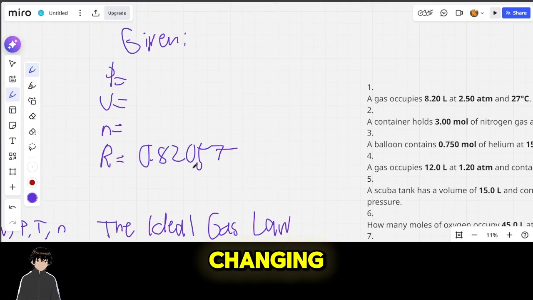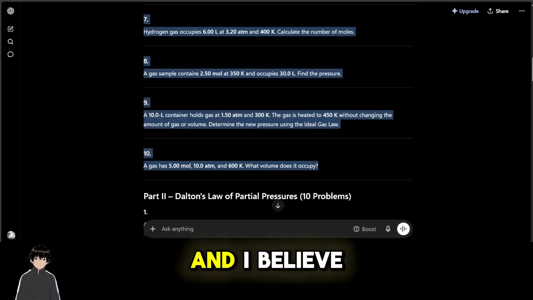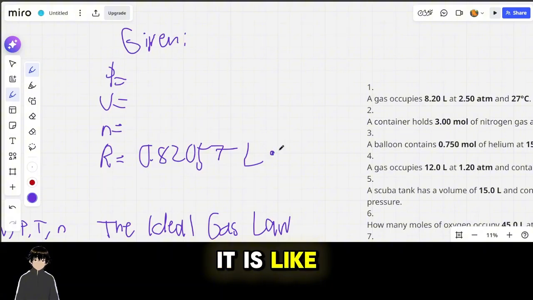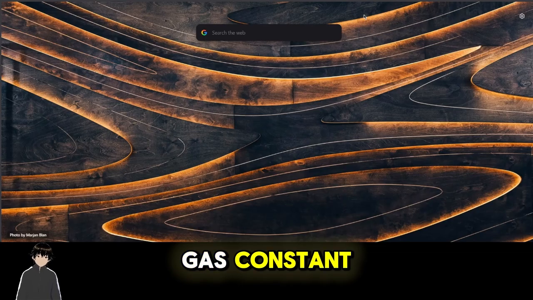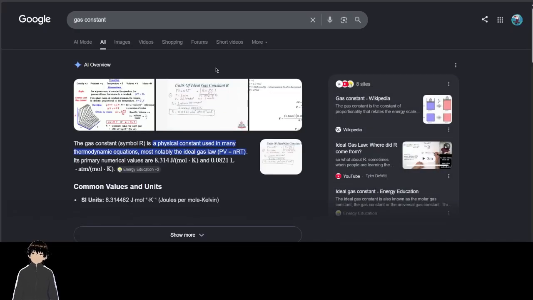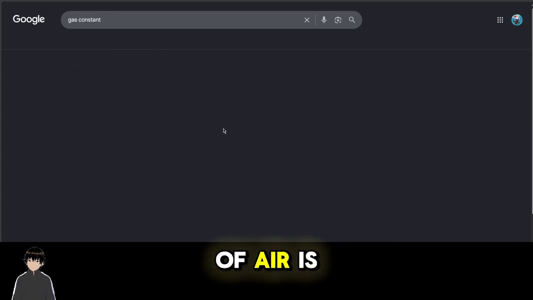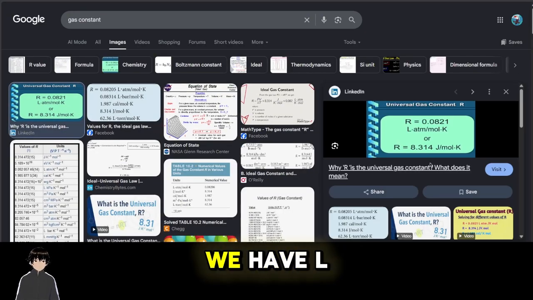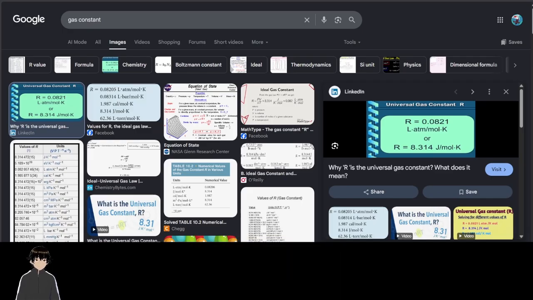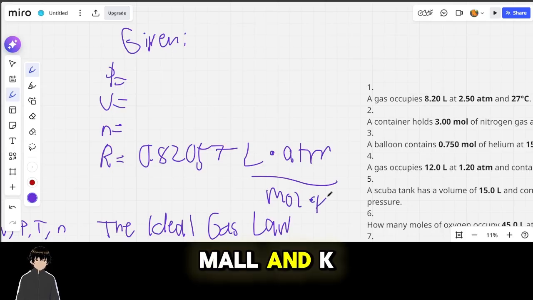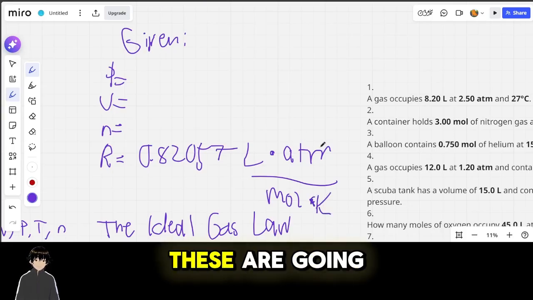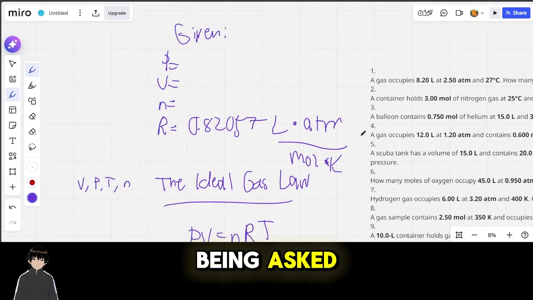That means it's never changing. Wait, let me just see the gas constant. The gas constant of air is here. So we have liters over mole and K, mole and Kelvin. So these are going to change depending on what's being asked.